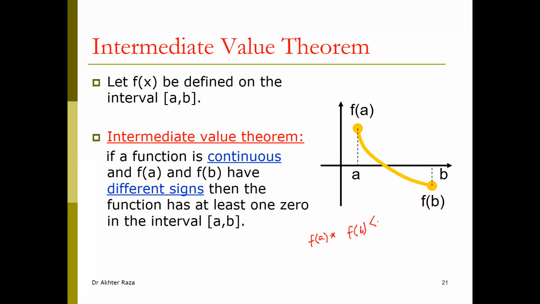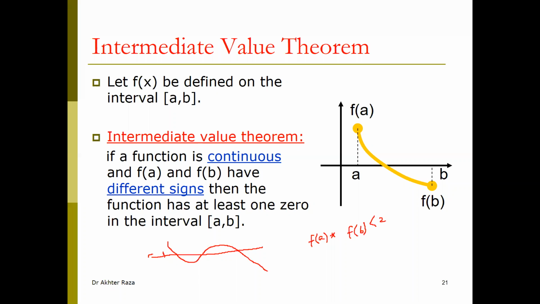If the product is negative, we can say that at least one root exists within the interval. Why at least one? There is a possibility that more than one root exists within this interval. It's like this. Suppose this is the function and this is our x-axis.